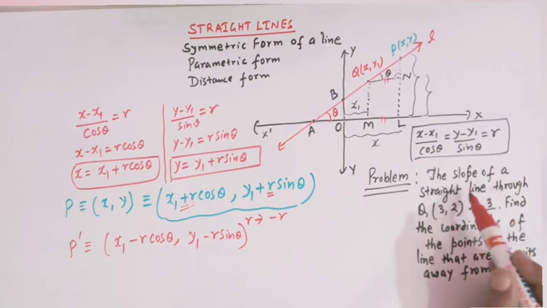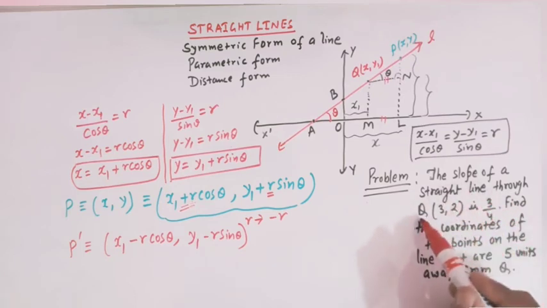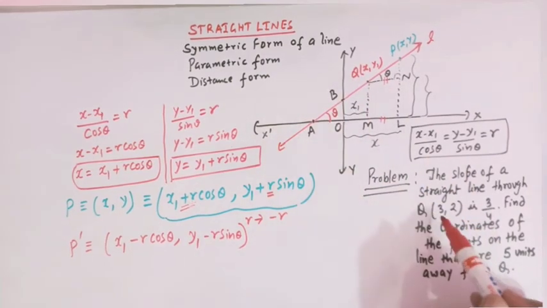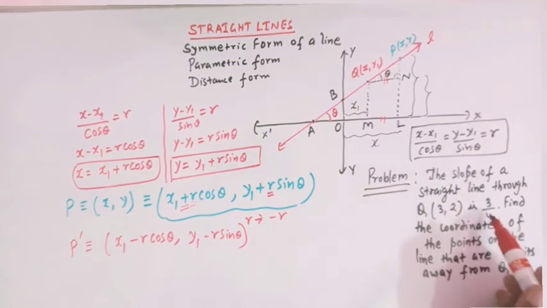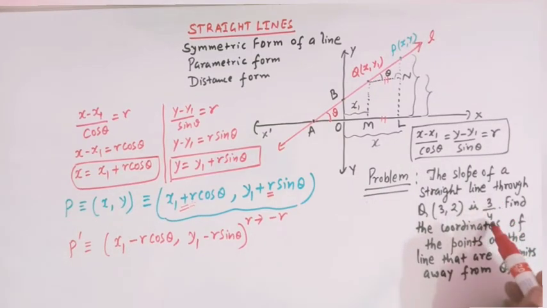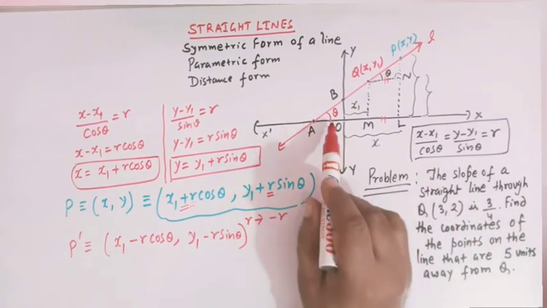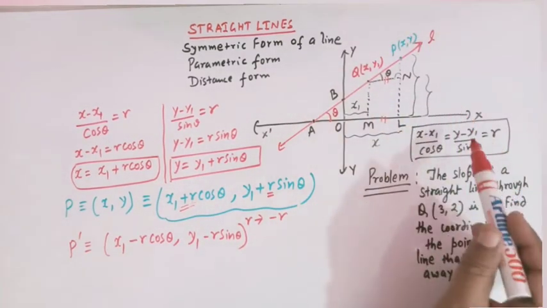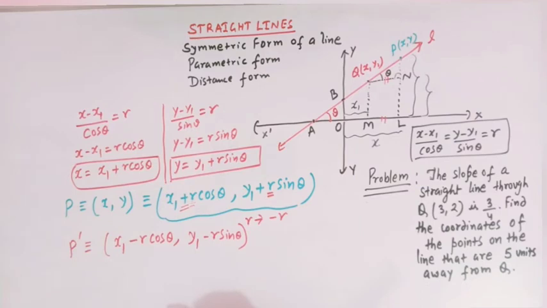So here we are given a straight line which passes through the point Q, which is (3, 2), and the slope is 3 over 4. We are not given directly the angle made by the line with the positive direction of the x-axis; instead we are given the slope. And we have to find the coordinates of the points on the line that are 5 units away from Q.